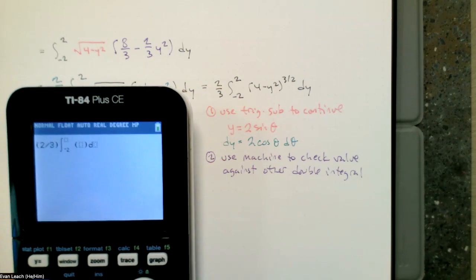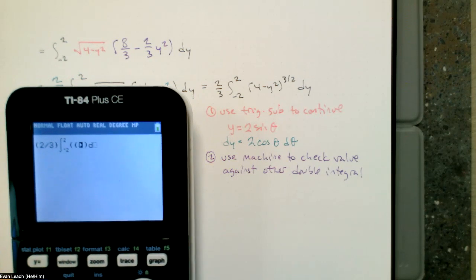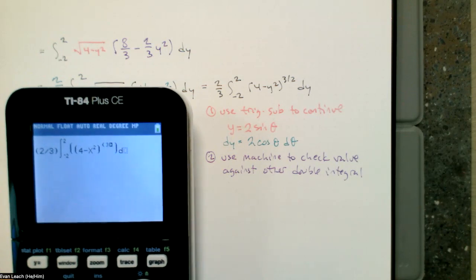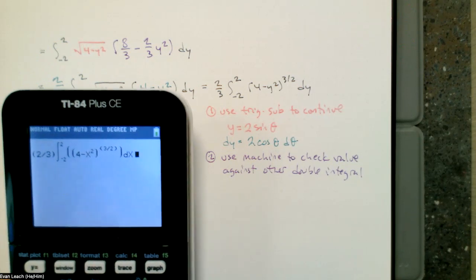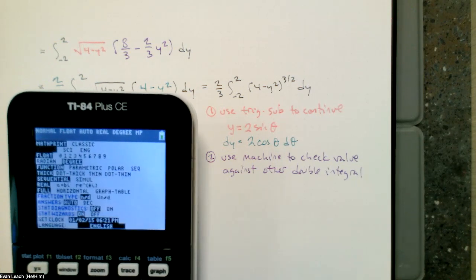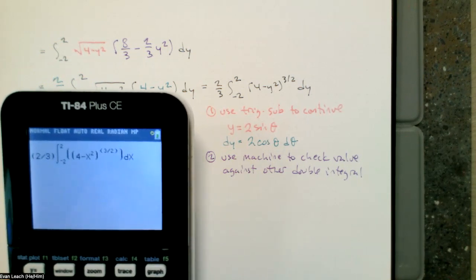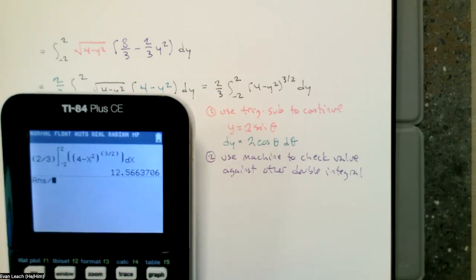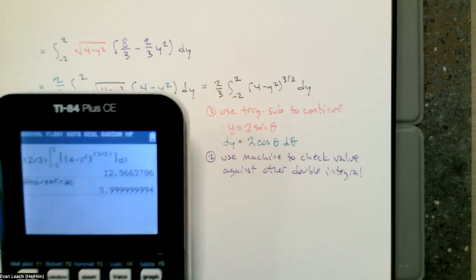Oh, I've got fancy printing on my calculator. So it looks like we're coming up with 4 pi.